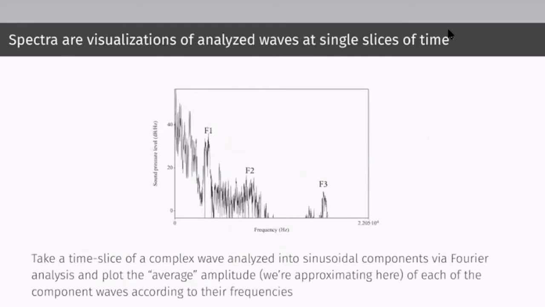When we do that, and we look at those sine waves at one slice of time, then we get a spectrum. So spectra are visualizations of analyzed waves at single slices of time.